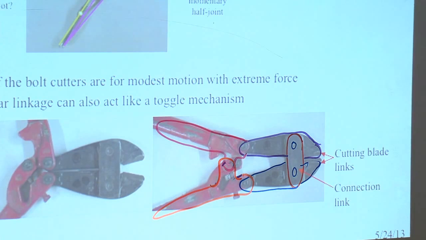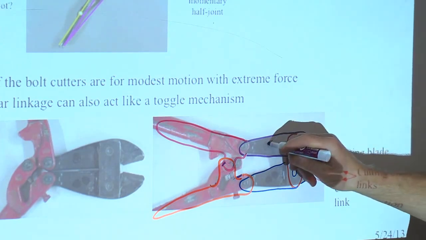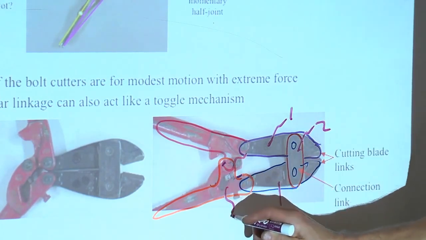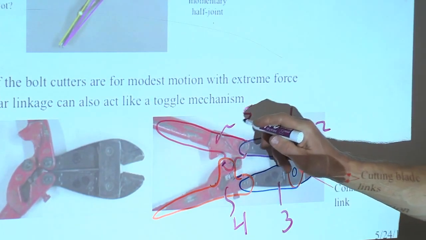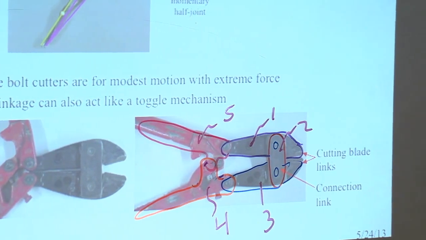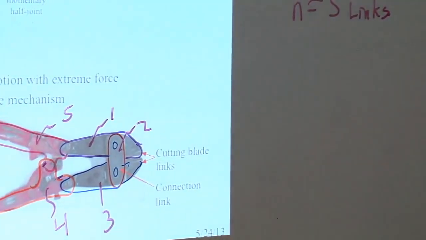So now let's count them. What do we got? 1, 2, 3, 4, 5. I've got n equals 5, 5 links. What kind of joints do I have?